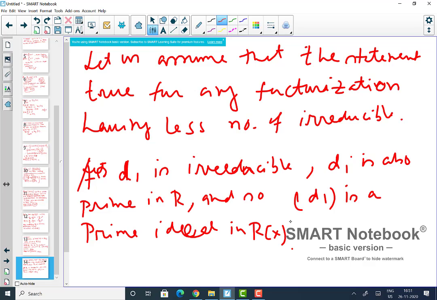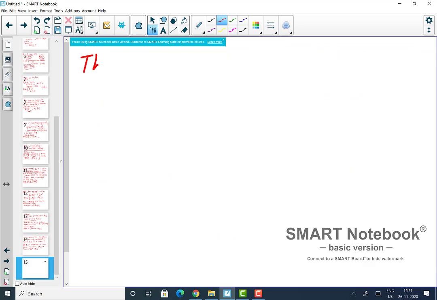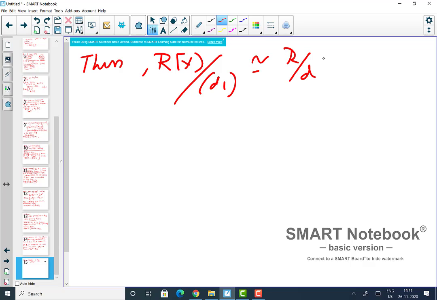That means that if you quotient modulo things, so thus the quotient ring R[x] mod this is actually isomorphic to R mod D1, and then this, right? So this ring is an integral domain, right?